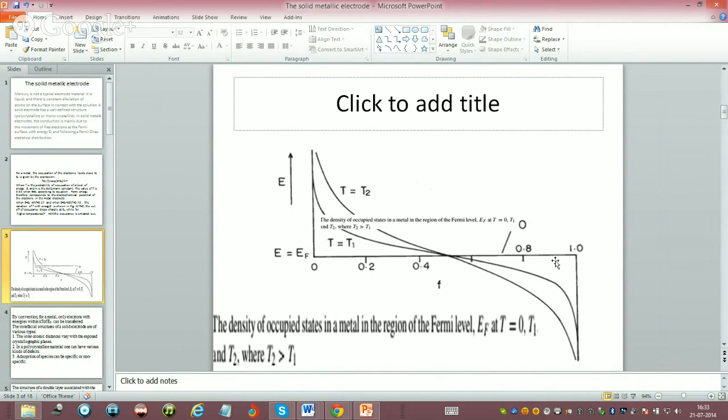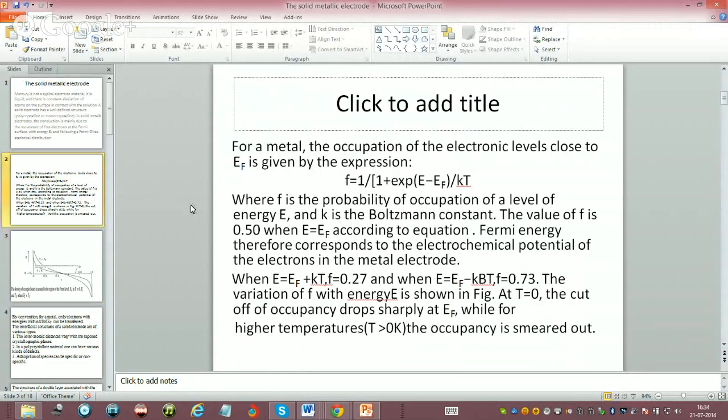Whereas at temperatures T1 and T2, we see the density of the occupied states in a metal in the region of the Fermi energy at T equal to 0, T1 and T2, where T2 is greater than T1, and T1 is greater than T0. So you can see this is T0, equal to 0. When it is 0, this is the distribution function. When it is a definite temperature T, it is this distribution.